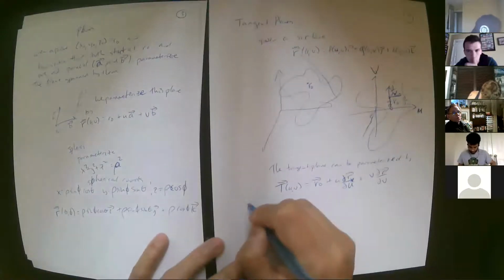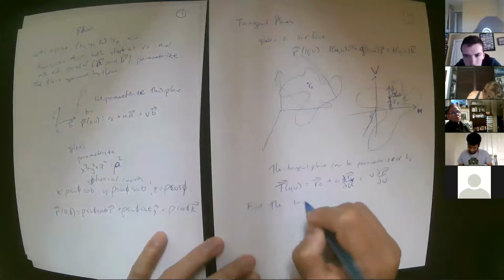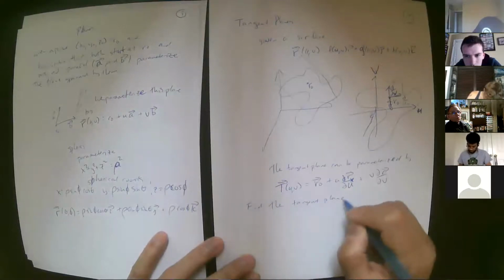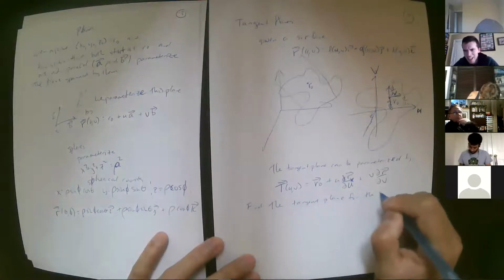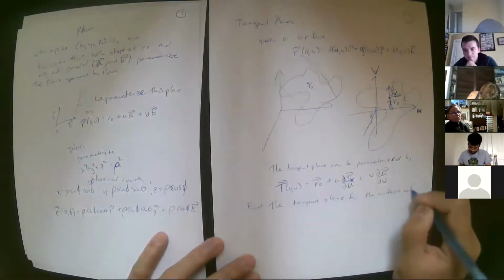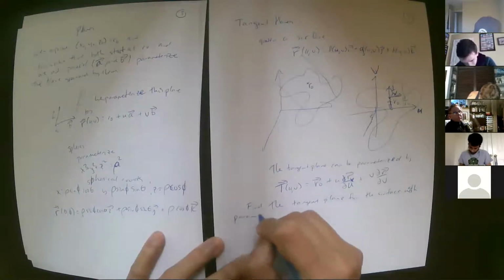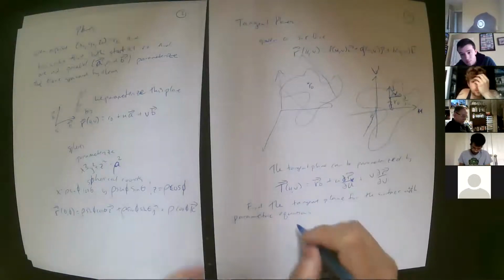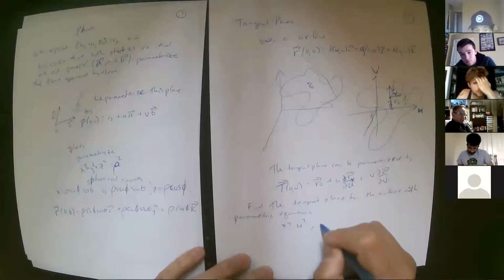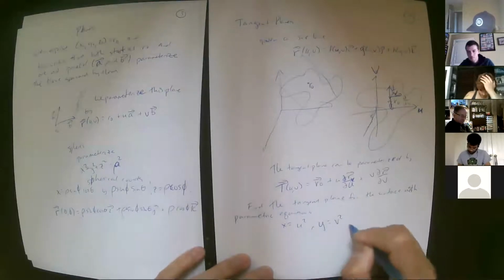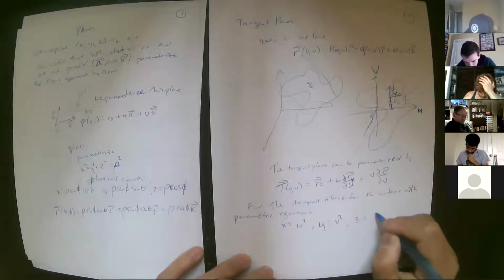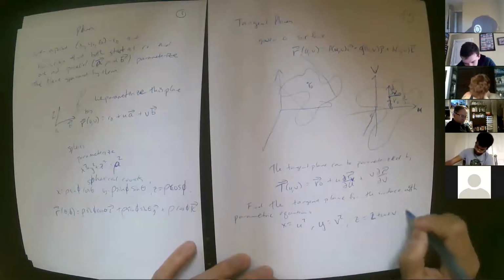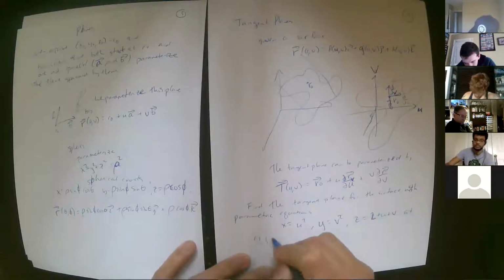So let's look at an example. Find the tangent plane for the surface with parametric equations x equals u squared, y equals v squared, and z is equal to 2 plus u plus v at 1, 1, 1.